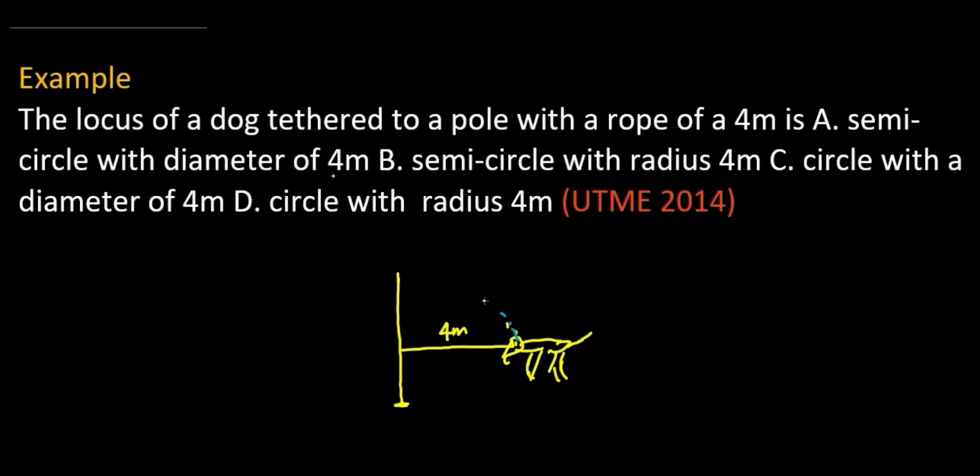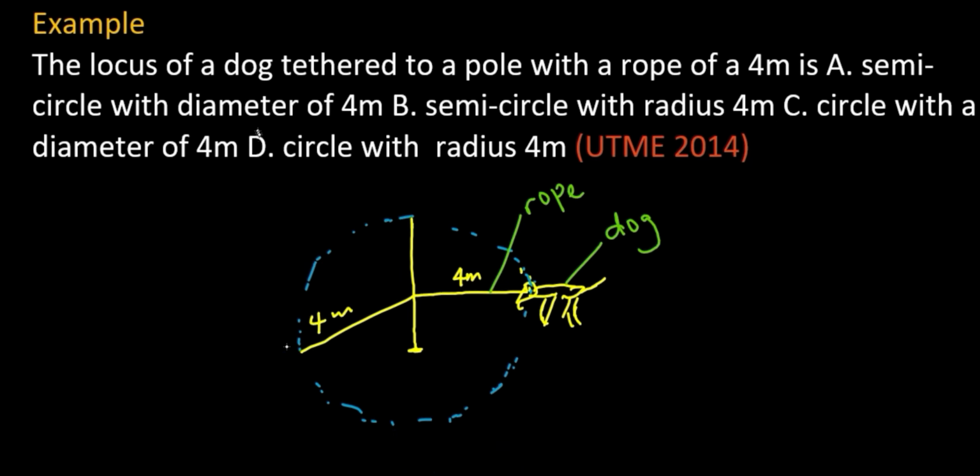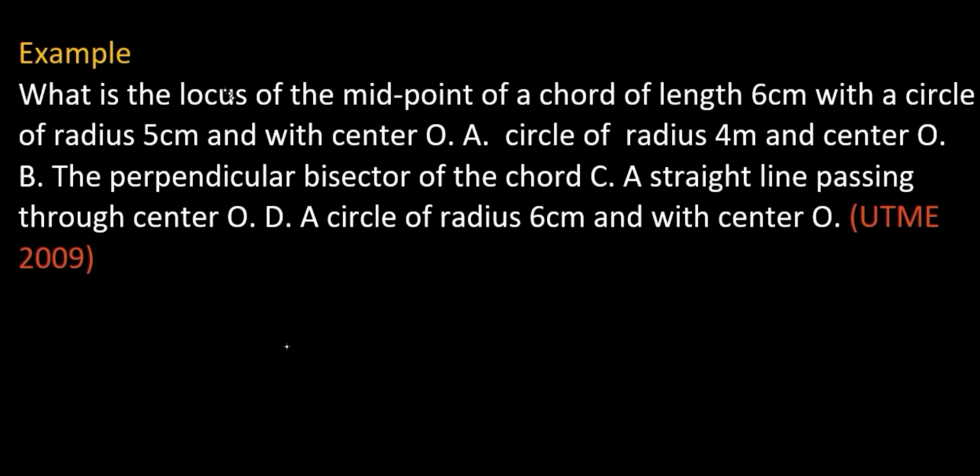It's used to tie the dog to the pole, so we can see that the dog can only move around within that circle. So the answer should be a circle with radius 4 centimeter. Circle with a radius what? 4 centimeter. And that is about that.